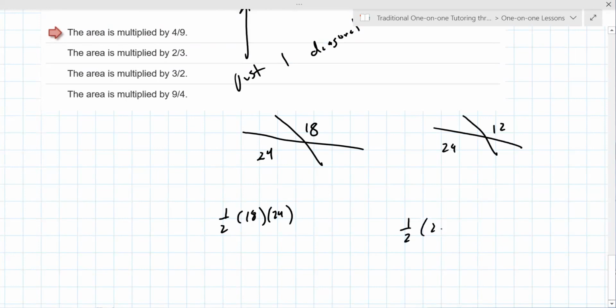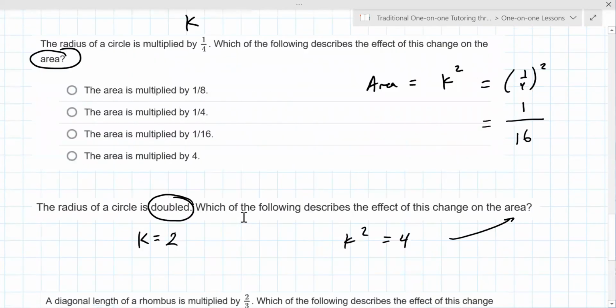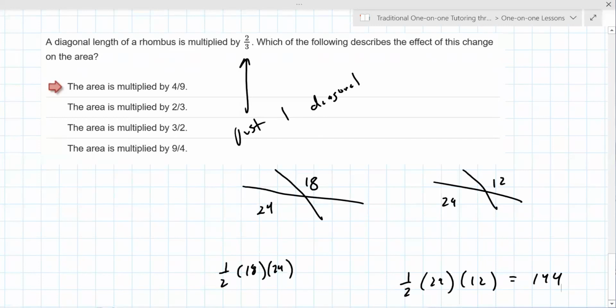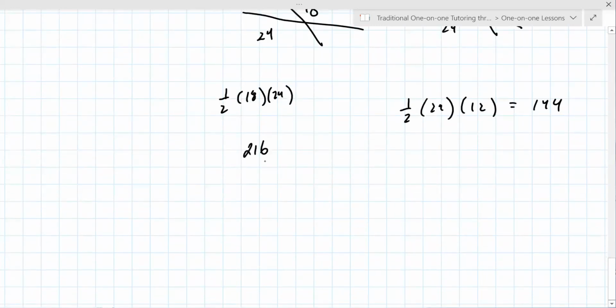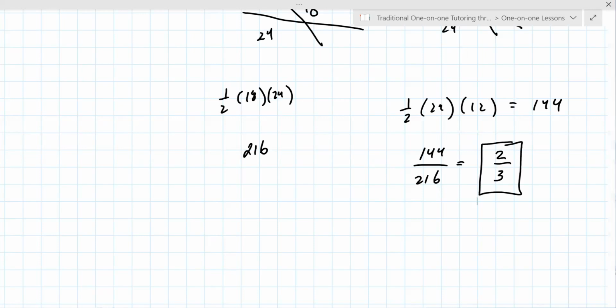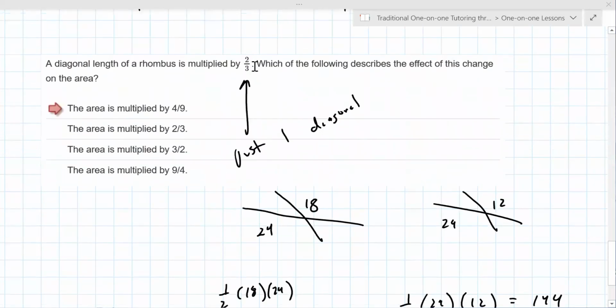What is 1/2 of 24 times 12? Well, that's 144. So we need to do 144 over 216. Tell me what you get for that. I get 2/3. Very good. So the way this works is that you have to multiply both of the dimensions by this 2/3 to get the 4/9. If you only multiply one, it's just one dimension.